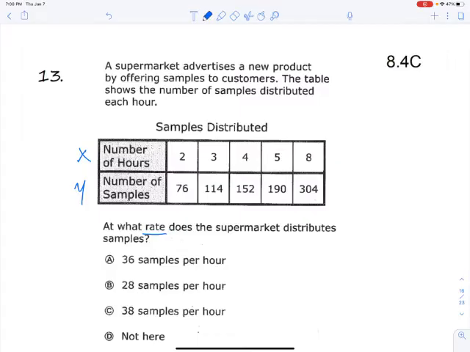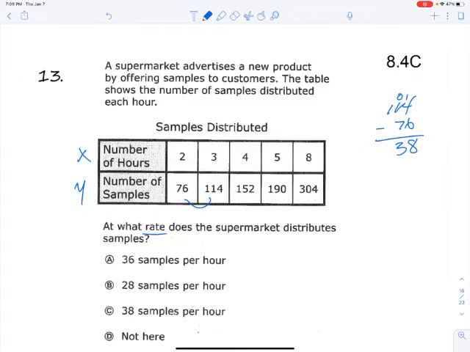So what we're going to do is delta y, which is the difference here. So we're going to do 114 minus 76. And if we actually do that math, 14 take away 6, we get 8. And then this becomes 10, we get 38.